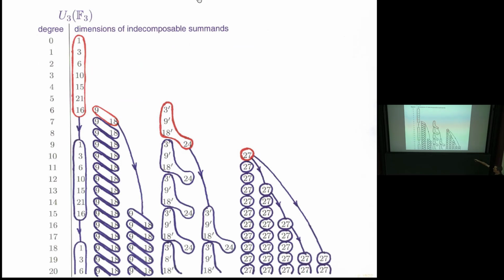And so the number of variables that you spread out by and the dimension of the fixed point set of the subgroup with respect to which this thing is projective correspond.